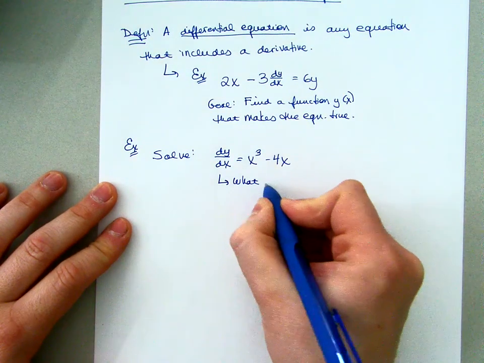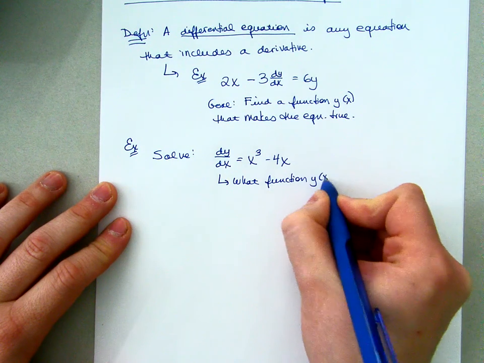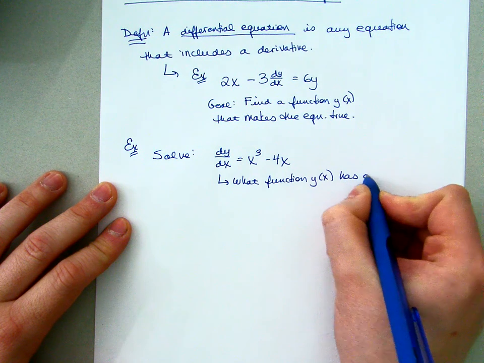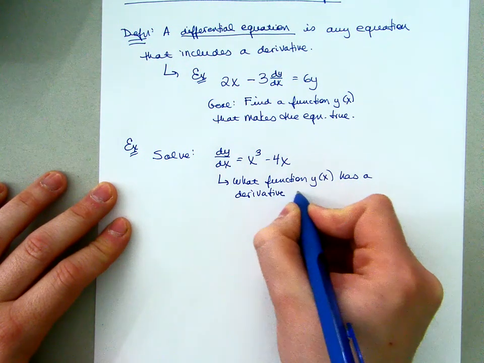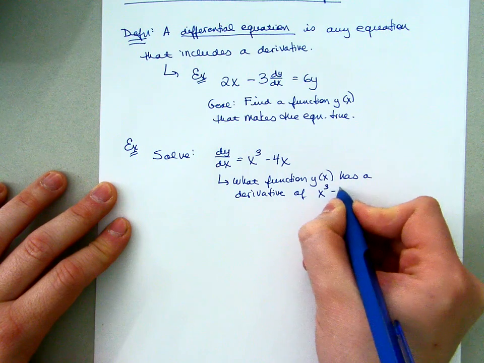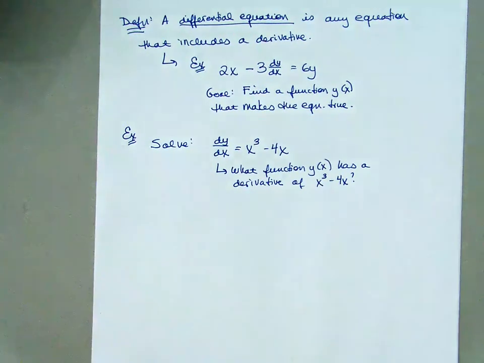I am looking to figure out what function, y of x, has a derivative of x cubed minus 4x. Does this question sound like something you know how to do? What sorts of problems involve answering the question, what has this as its derivative?